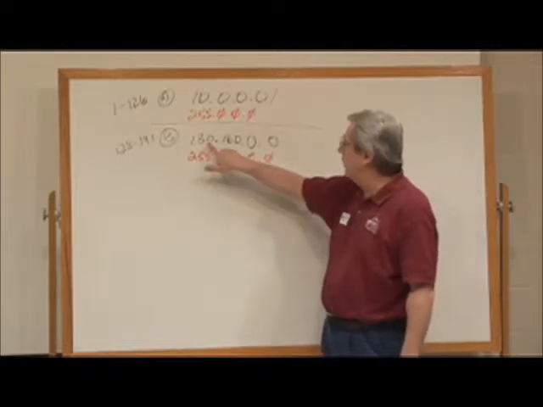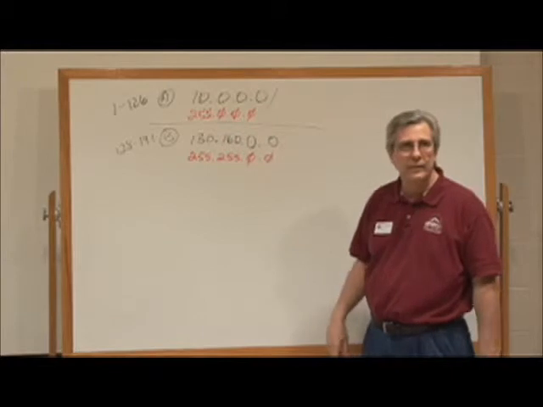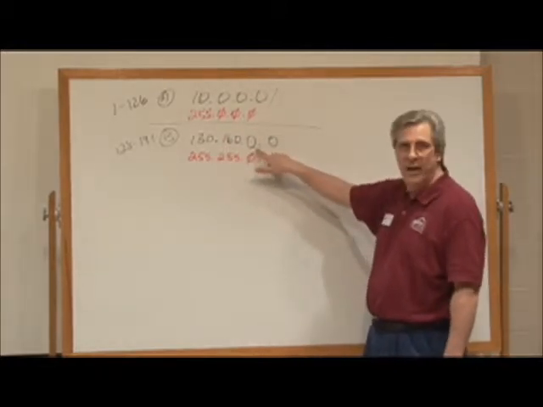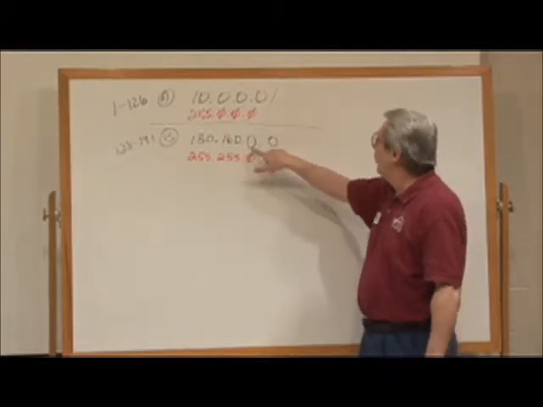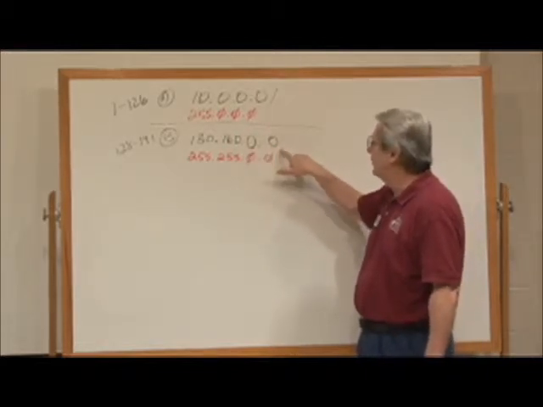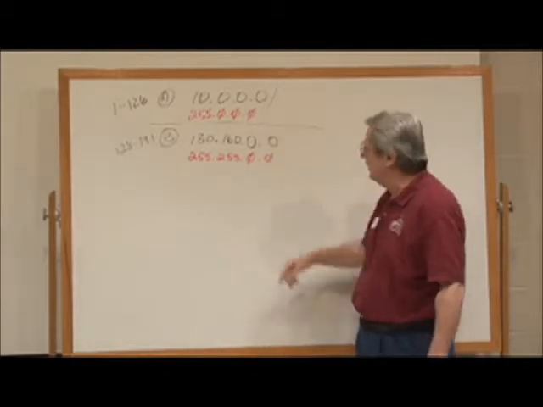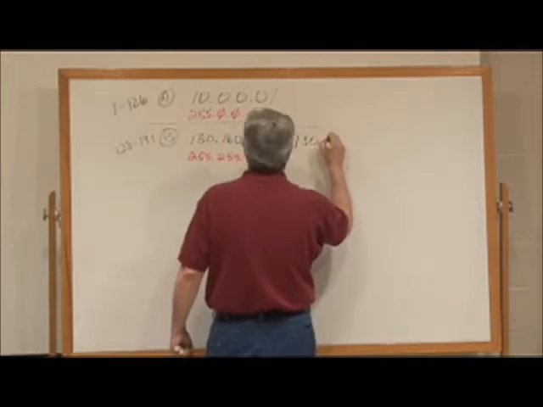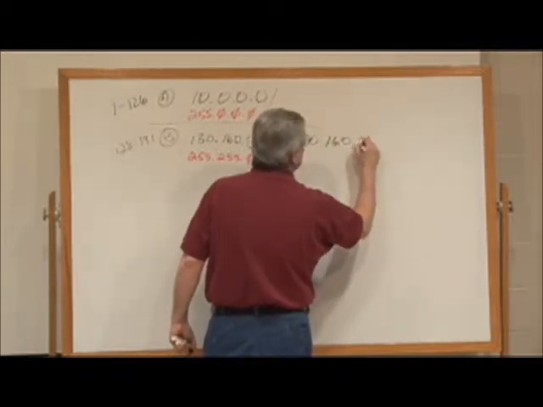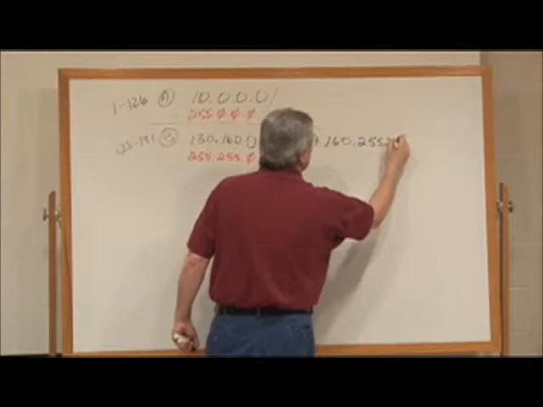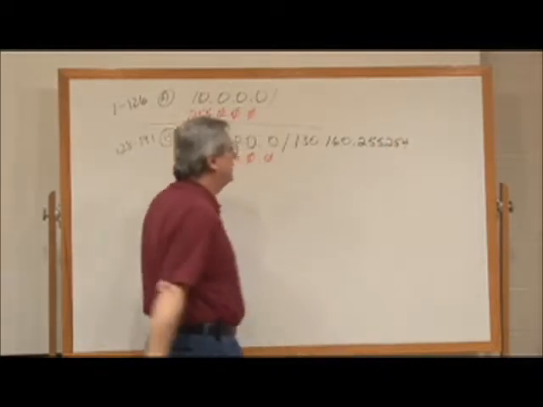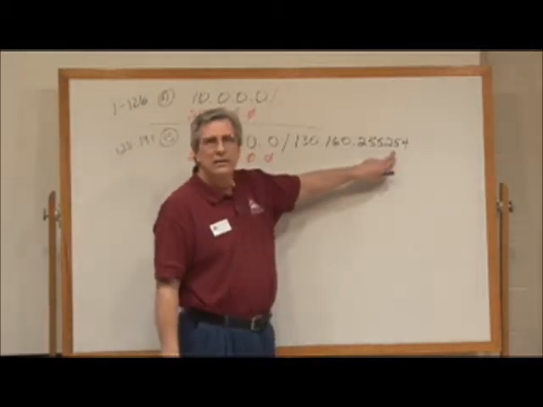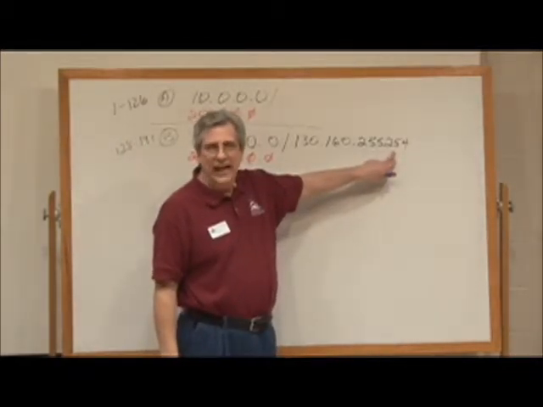So I can start with 130.160.0.1, and when this gets to be a 255, I go to 130.160.1.0, and continue just like I did with these until I get to the last number. And I stop, because the next number is the last one.